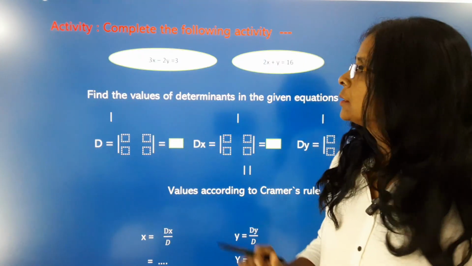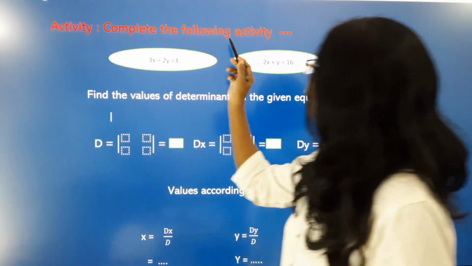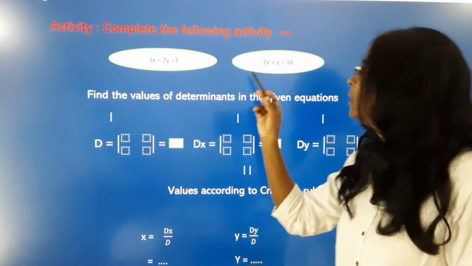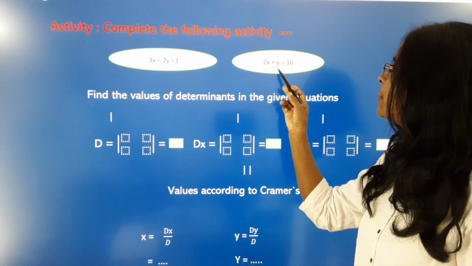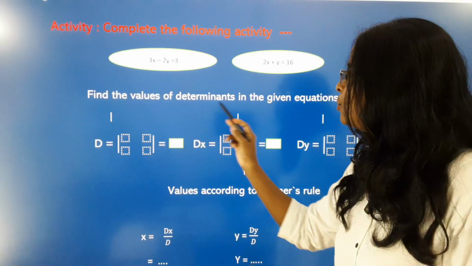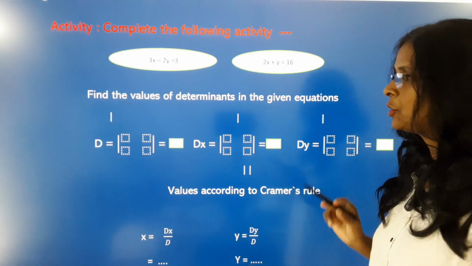Next activity. Complete the following activity. 3x minus 2y is equal to 3, first equation. 2x plus y is equal to 16 is the second equation. Now find the values of the determinants in the given equations.